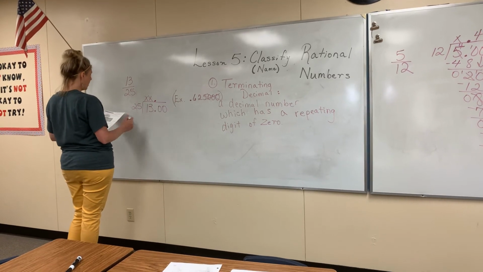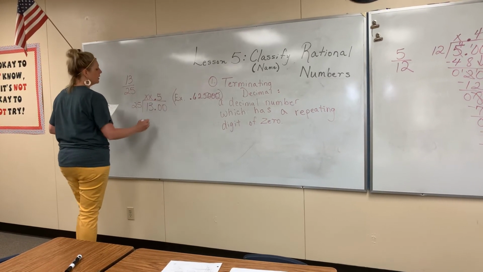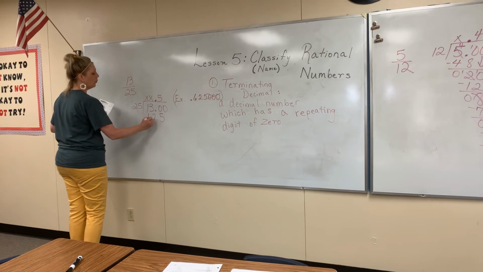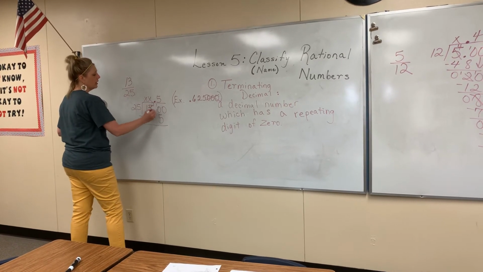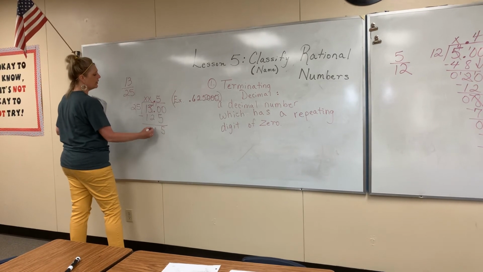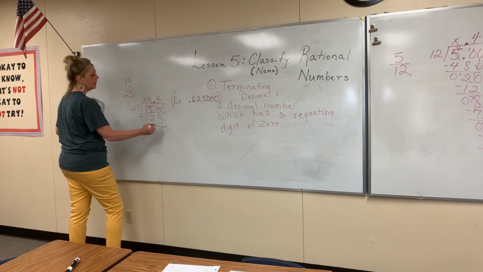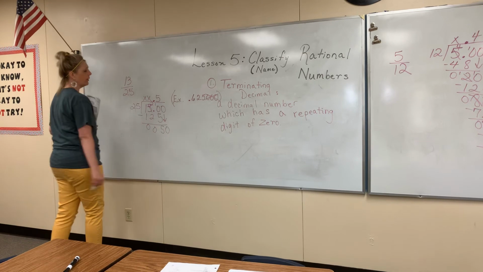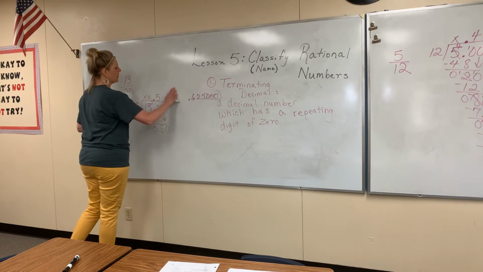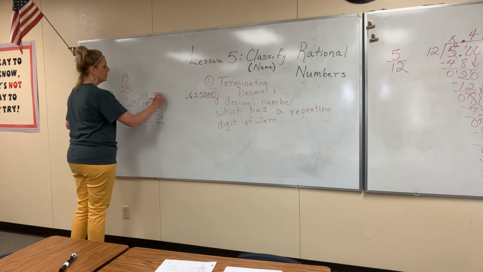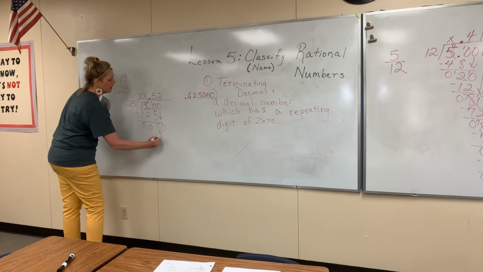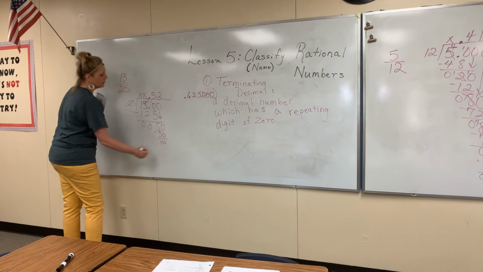How many times does that go in? 5 times, which is going to be 125. Subtract, borrow, 5, 0, 0. I'm going to bring down my 0. Okay, so let's see what's fixing to happen here. How many times is 25 going to 50? 2 times. That's 50.